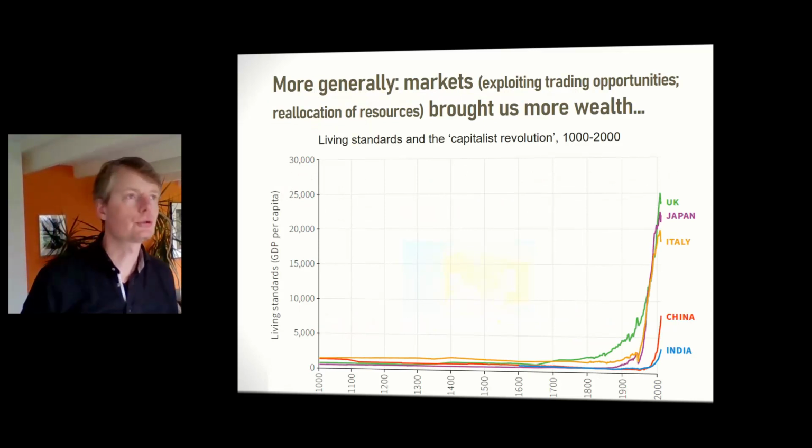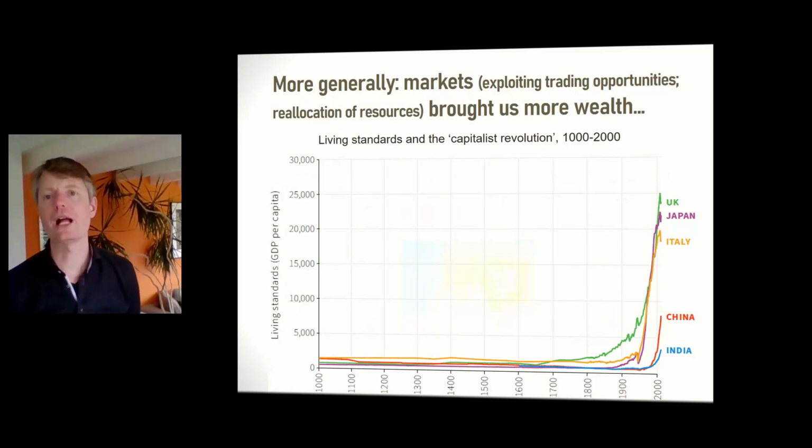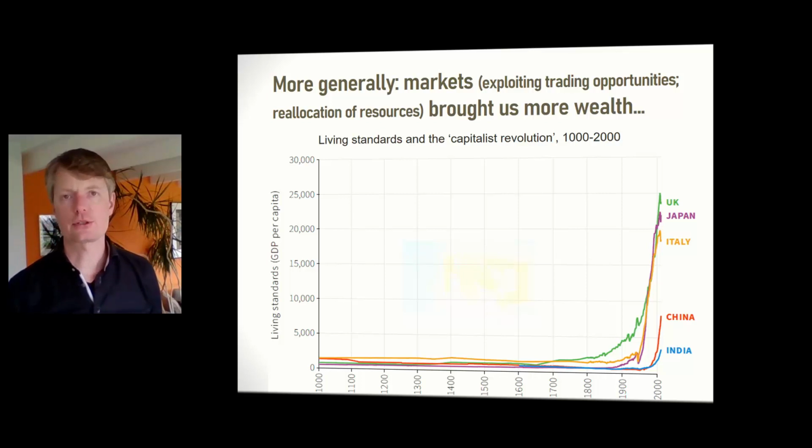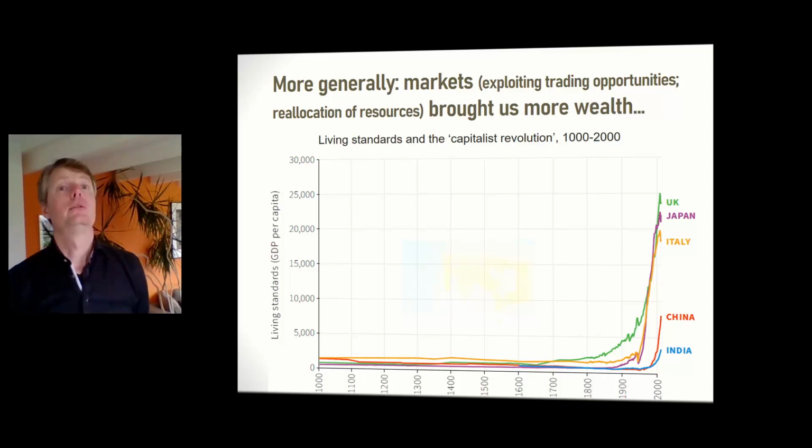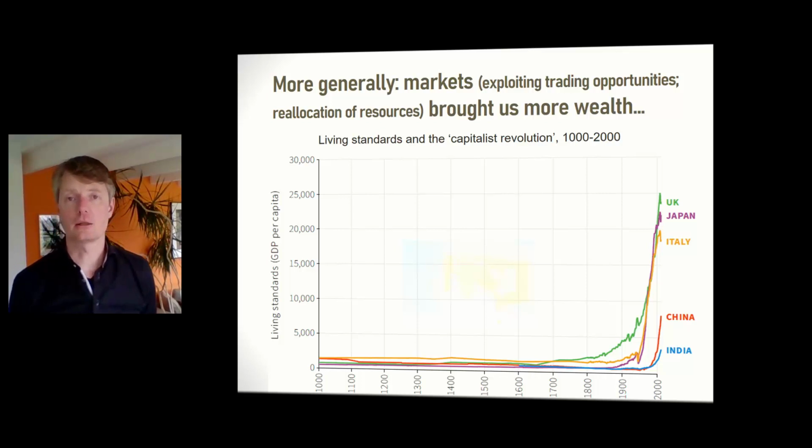More generally, markets have brought us a lot of wealth, and the capitalistic system has been very successful in creating income. And as you can see here, it is truly amazing what happened thanks to the so-called capitalist revolution.